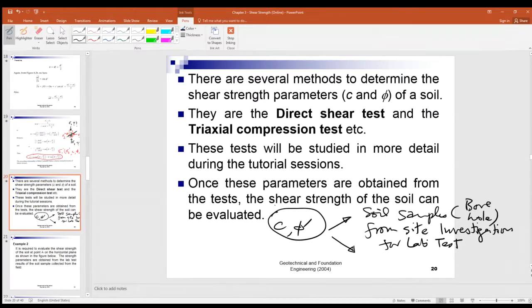And you can get very accurate measurement of the cohesion and angle of internal friction. You could also do the in situ test. In other words, you perform the test directly in the construction site with the soil there. You don't need to pick up any soil sample from the ground below, and do the test directly over the site.